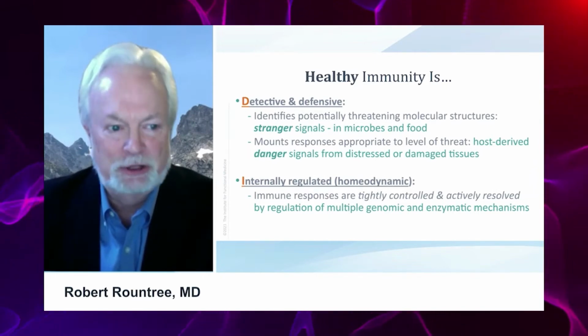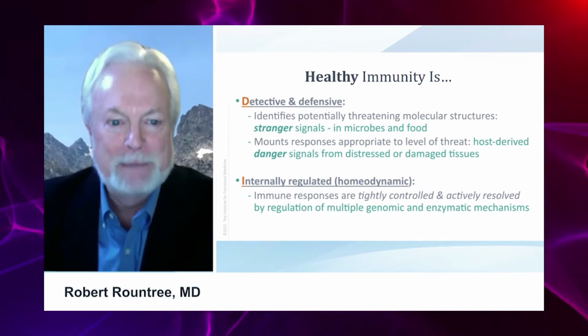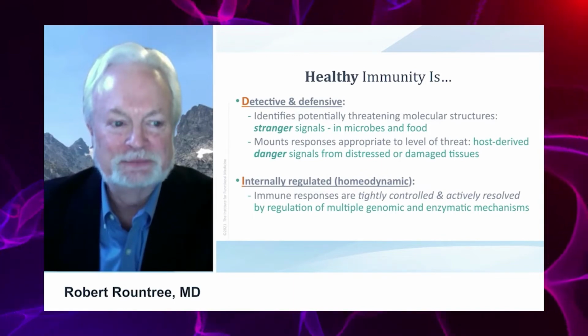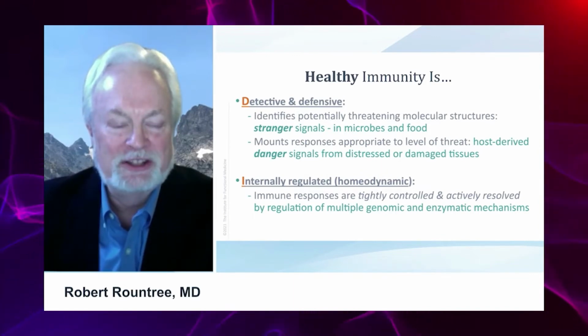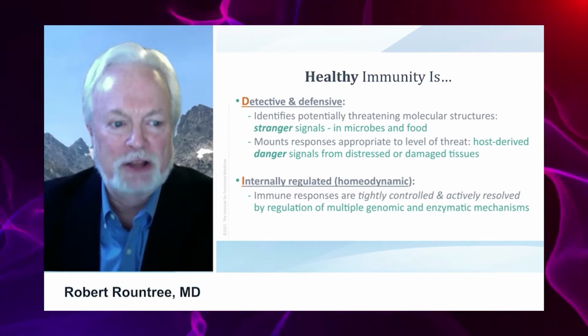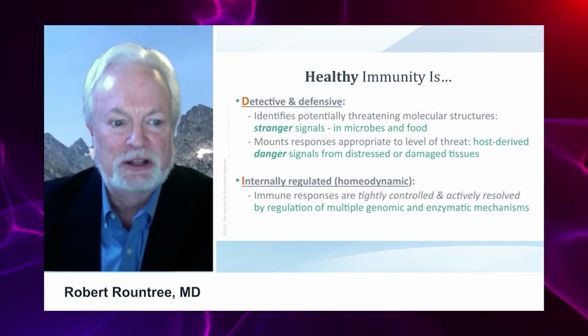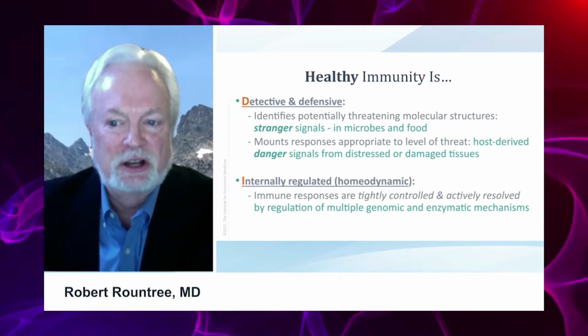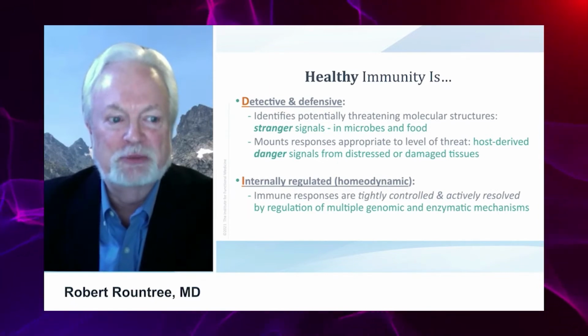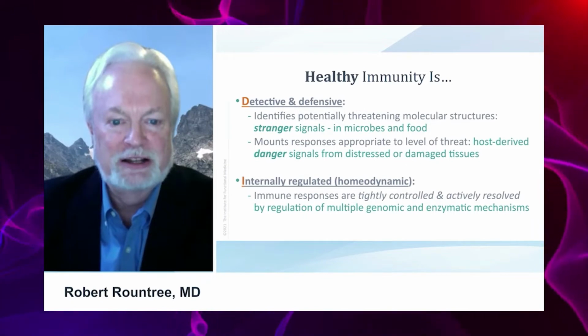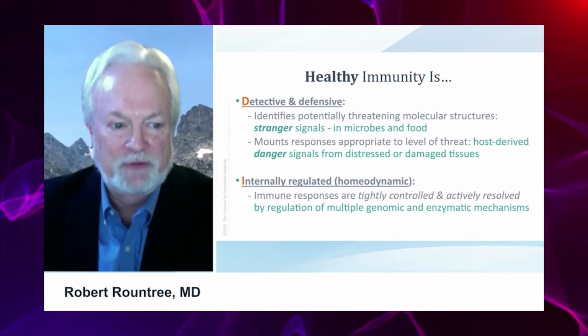It's really important to emphasize that word, potentially threatening. The way this is described in the immunology literature is stranger signals, something that signifies a difference from self. Strangers are not self.